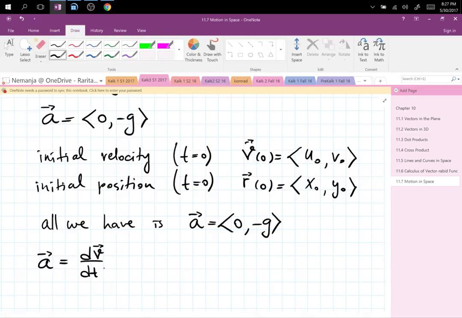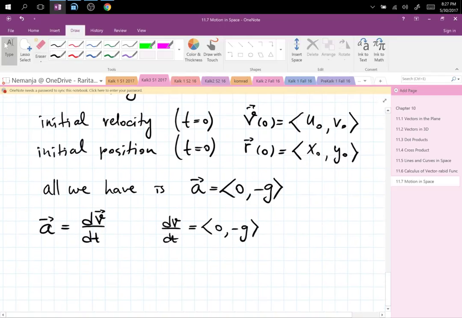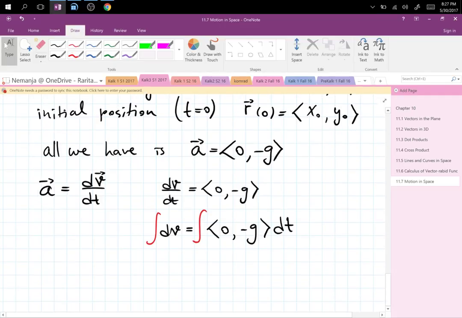So from here, I can write dv/dt is equal to 0, negative g, and then good old differential equation, separation of variables. We have this, and we hit both sides with the integral sign. We get velocity in terms of time. That's a vector, right? Velocity is a vector.